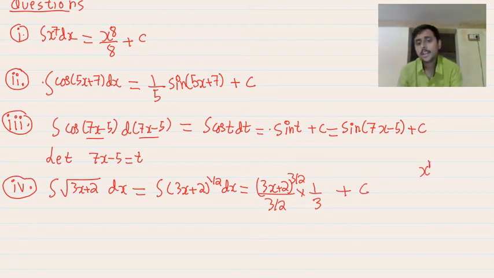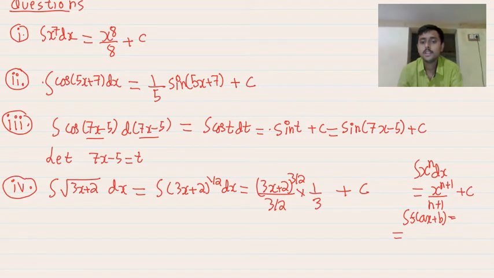What is this? We have written that the integration of x to the power n with respect to x would be x to the power n plus 1 upon n plus 1, plus c. And we also use that the integration of f of ax plus b will be equal to 1 by a times g of ax plus b.